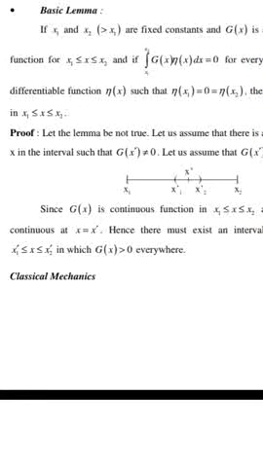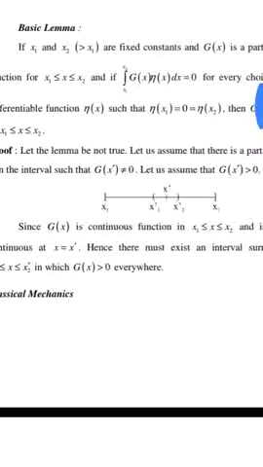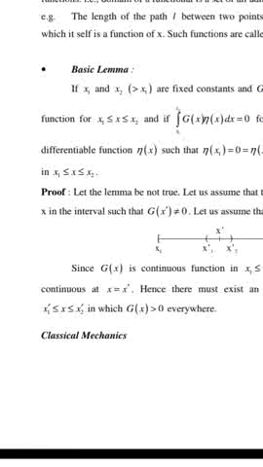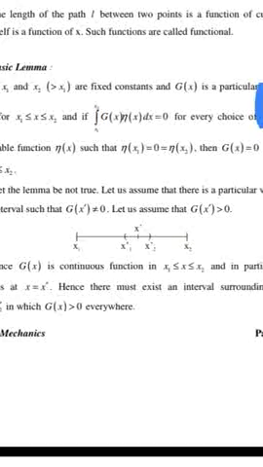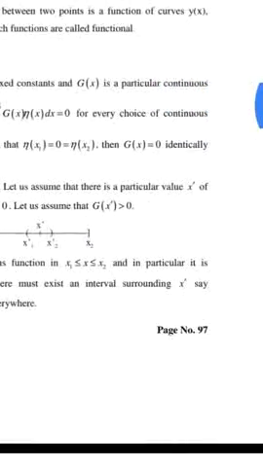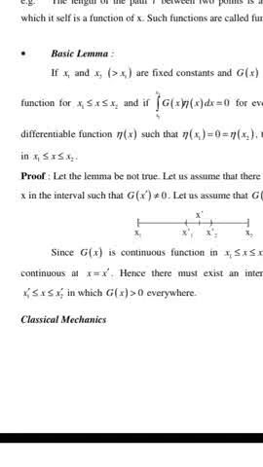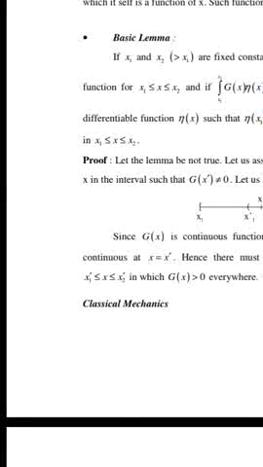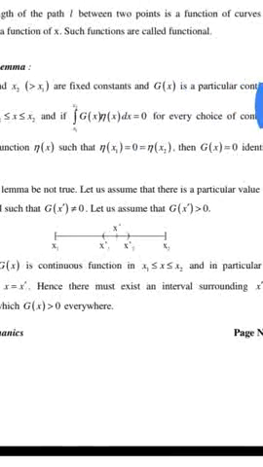If x1 and x2, greater than x1, are fixed constants, and g of x is a particular continuous function for x1 less than or equal to x less than or equal to x2, and if the integral from x1 to x2 of g of x times eta of x dx is equal to 0 for every choice of continuous differentiable function eta of x, such that eta of x1 is equal to 0 is equal to eta of x2, then g of x is equal to 0 identically in x1 less than or equal to x less than or equal to x2. Then prove that g of x is equal to 0.